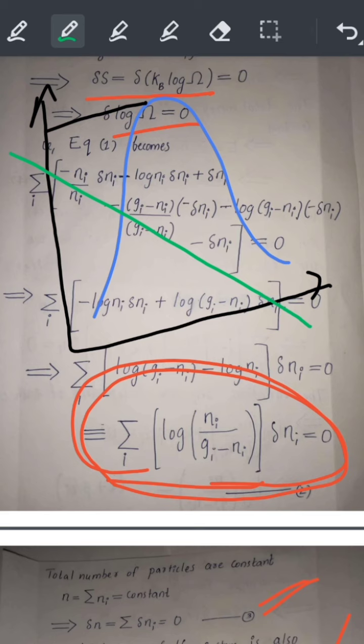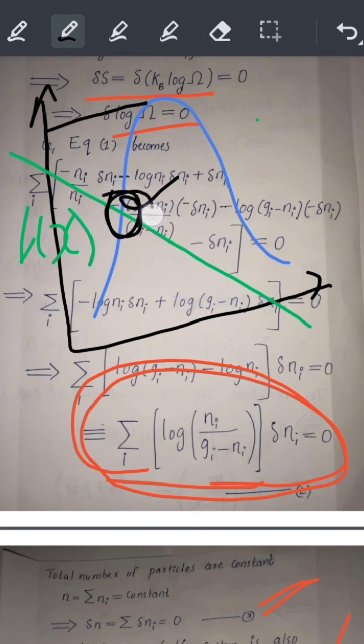This blue line is the function and this green line is the condition. So let me ask you, what is the maximum of this function f of x that obeys this condition, the green line? That is only this point, only this point.